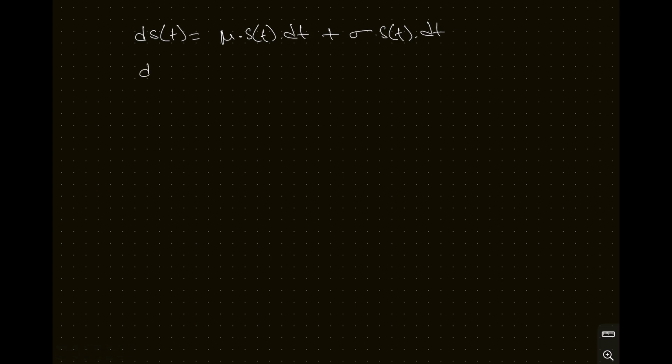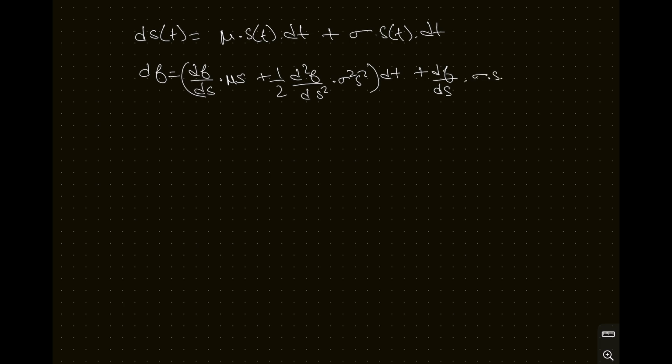We'll get something like df equals (df by ds into mu S plus half d squared f by ds squared into sigma squared S squared) dt plus df by ds into sigma into S into dW of t.